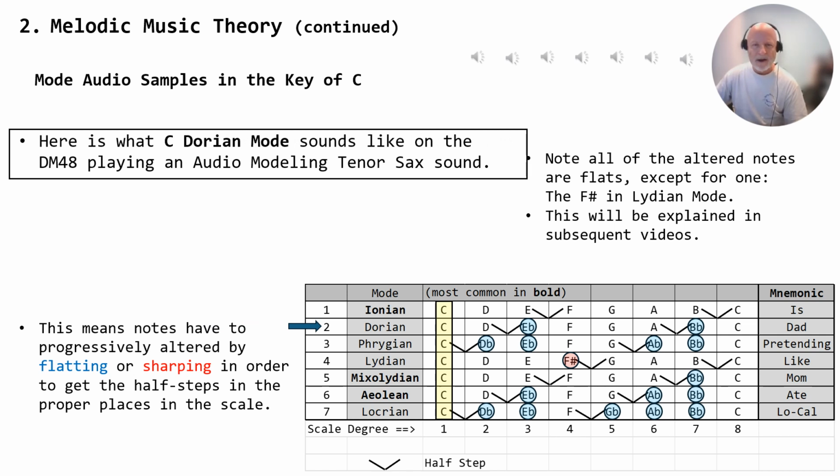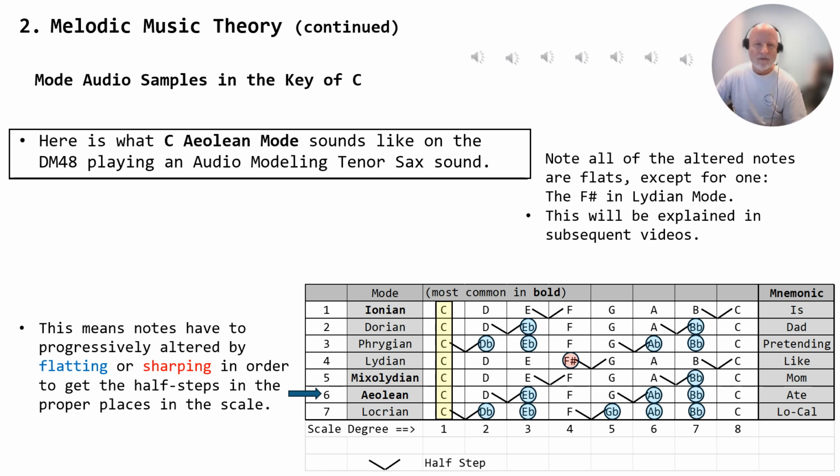And notice here we have the B flat in the 7th degree, and we've got the E flat in the 3rd scale degree. And notice how this sounds even more different. Okay, and so the next mode we're going to do is the Aeolian mode, mode 6, and now we've added yet another flat, the 6th scale degree, the A flat.